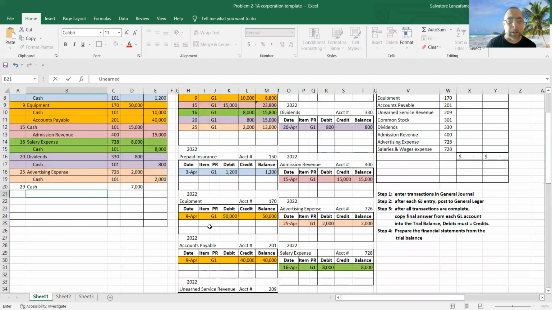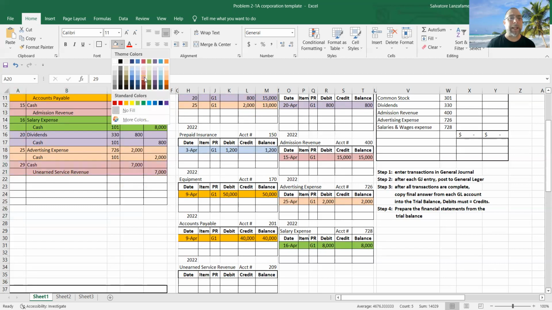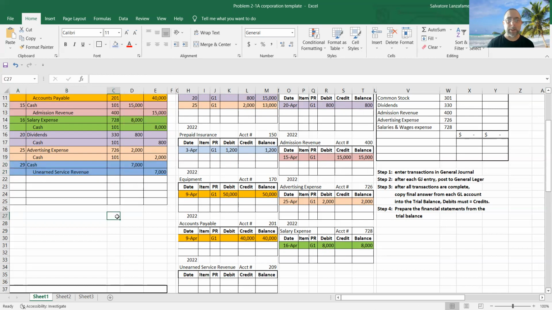So let's see what they call it. They call it unearned service revenue. So that's what we have to call it. Okay. So that would be the journal entry when a customer gives you money in advance of service. You would debit the cash, but you would have to credit the liability account. Very, very important that you identify that as a liability.